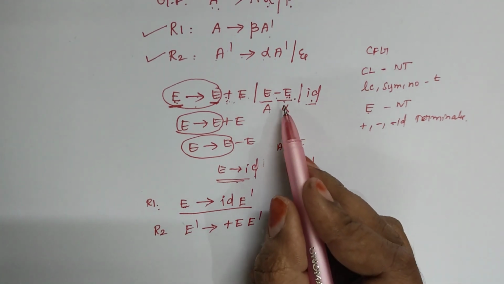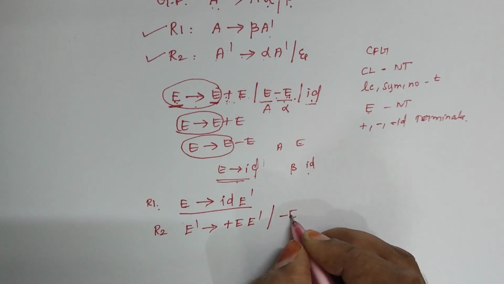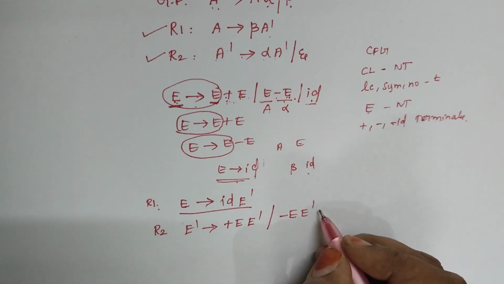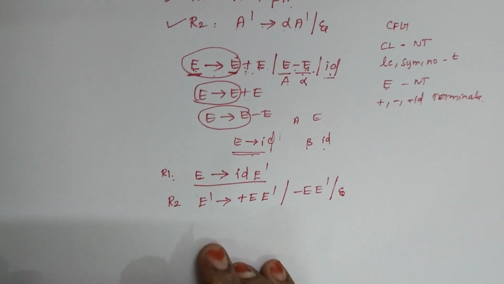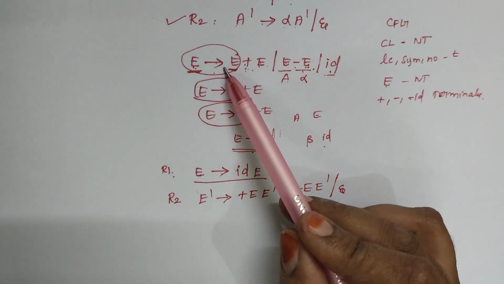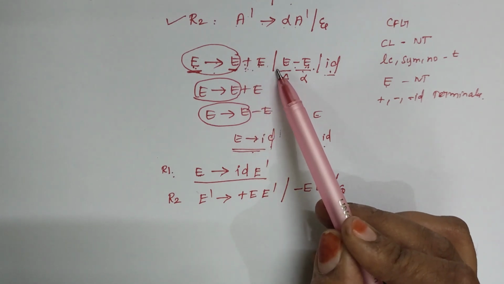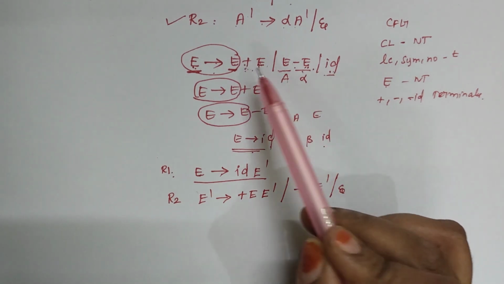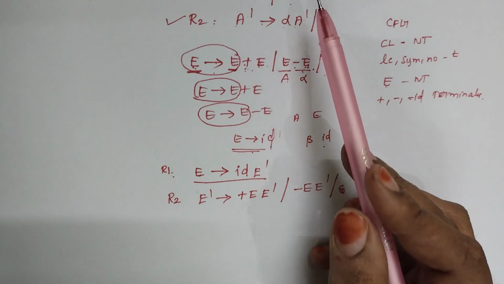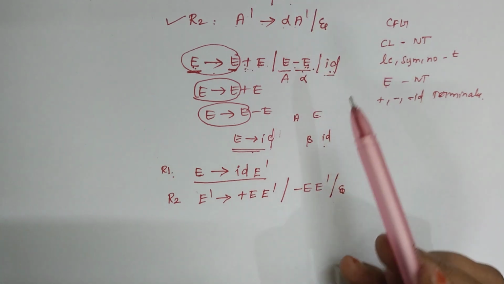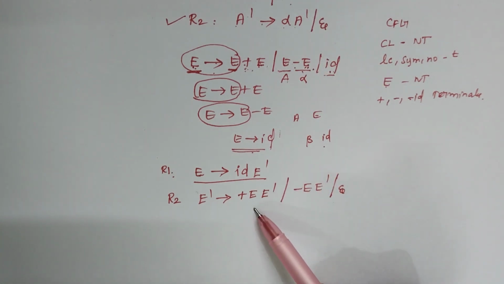Another production is minus E E dash or epsilon. Now the given production E produces E plus E or E minus E or ID has a left recursion. By applying the rule 1 and rule 2, we have eliminated the left recursion.